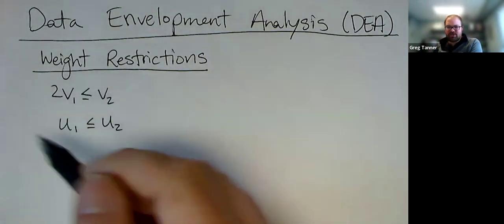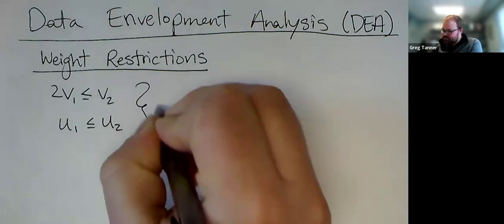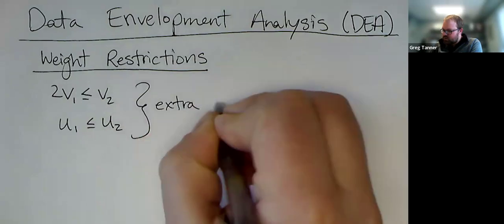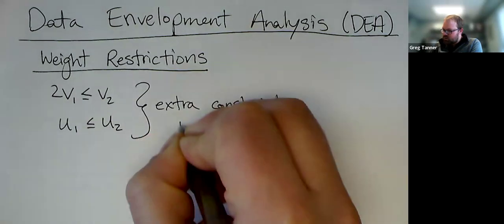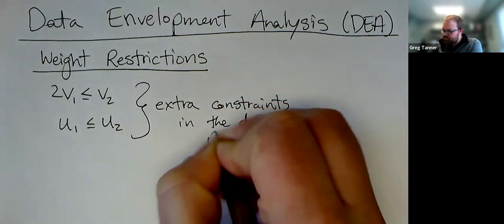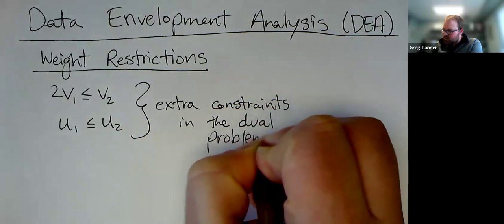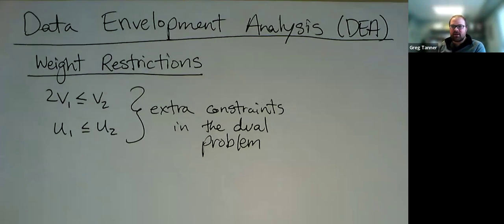But these weight restrictions are happening as extra constraints in the dual problem. Okay, and so it seems to suggest that we should rather maybe formulate our problem in the dual problem instead of the primal problem that we introduced previously.